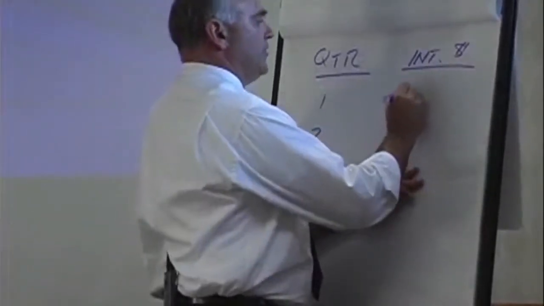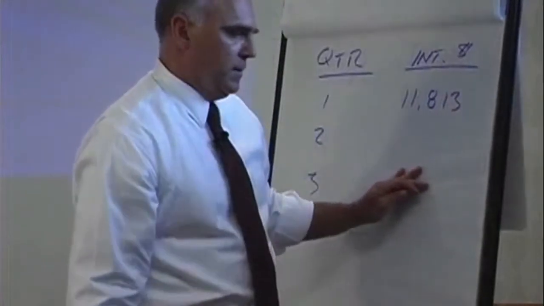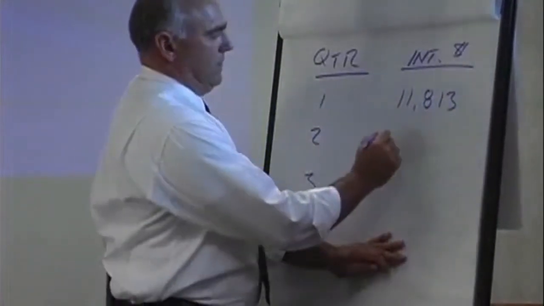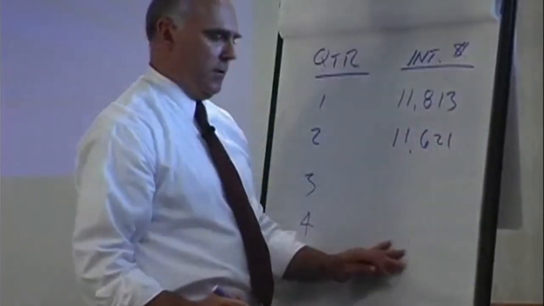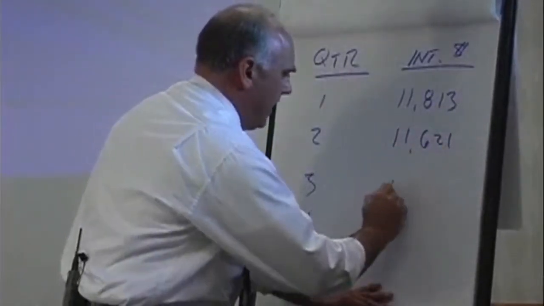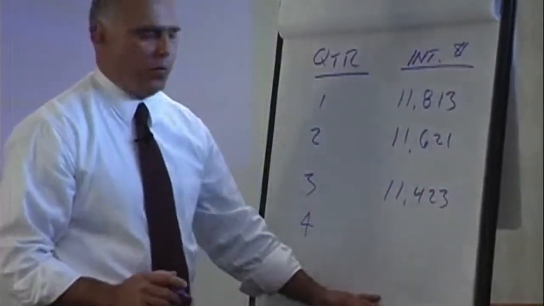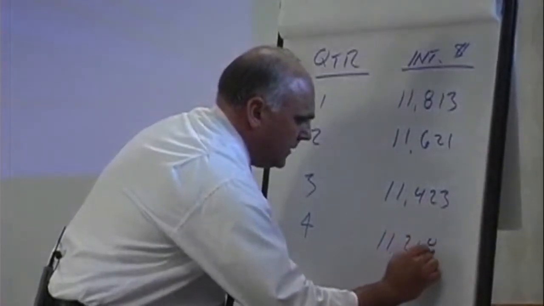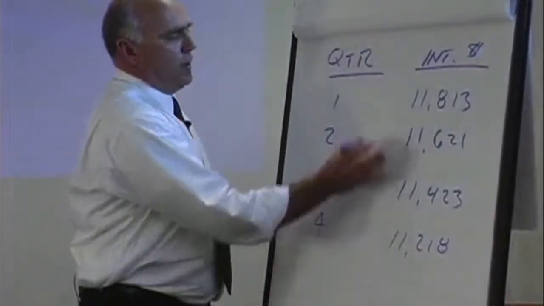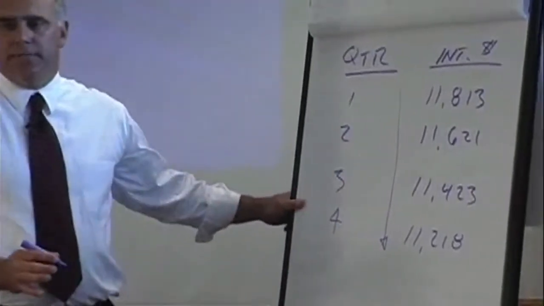First quarter, we just looked at $11,813. Second quarter, $11,621. The third quarter, $11,423, and the fourth quarter, $11,218. So we notice that the interest expense over time is decreasing.